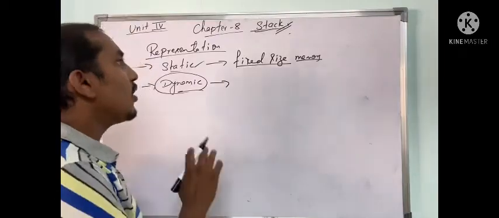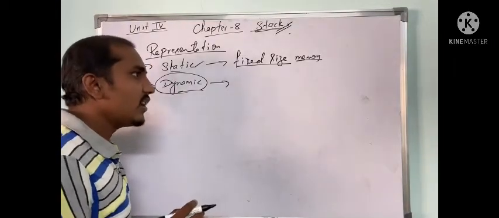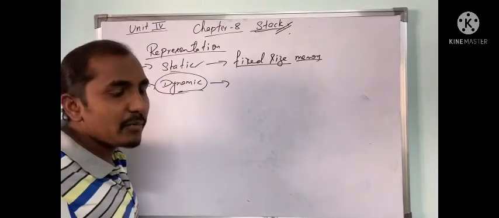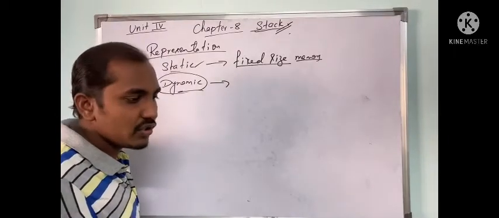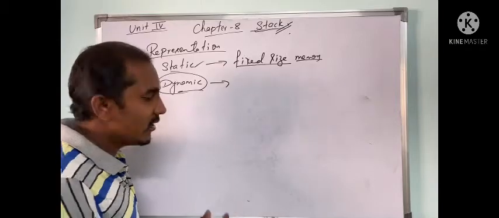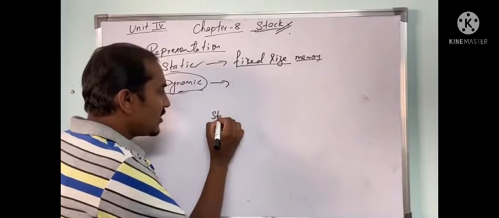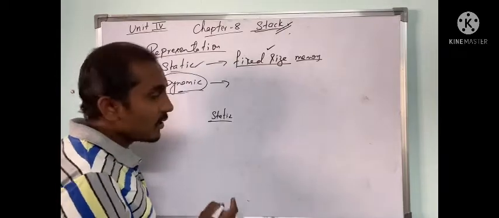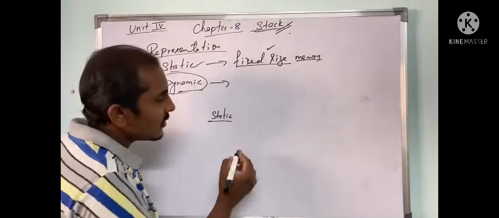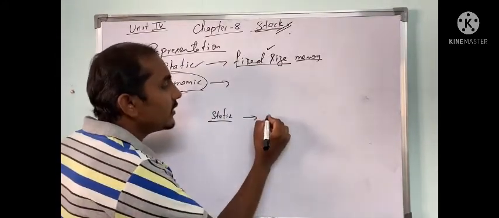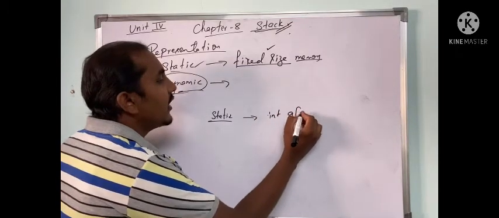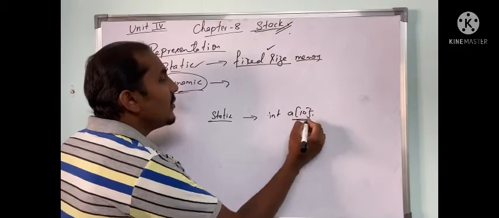Okay, now how we are going to use this? We have discussed static memory allocation and dynamic memory allocation in your first semester. Static memory allocation is nothing but when you have a fixed size of memory. If you are using something like arrays, if I define something like a of 10, what is the meaning of this?